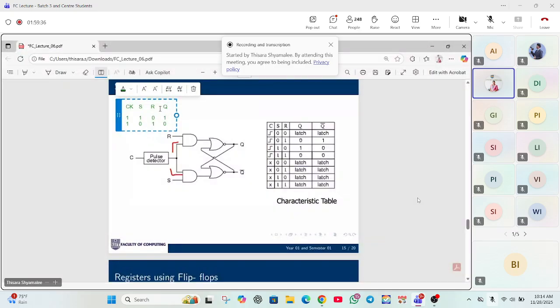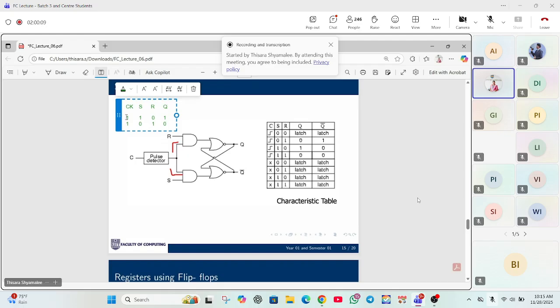The S and R inputs can be taken out to Q only if the clock signal is provided.